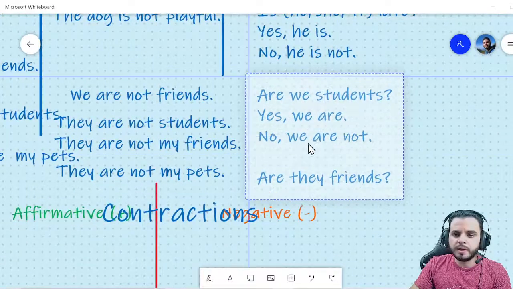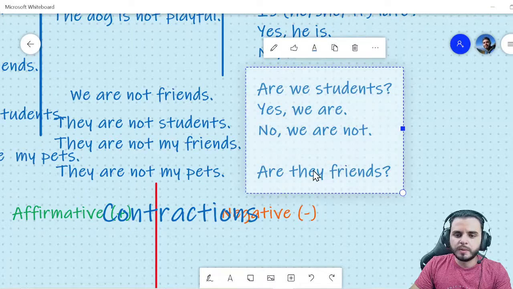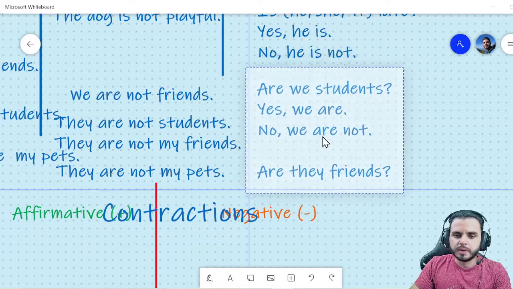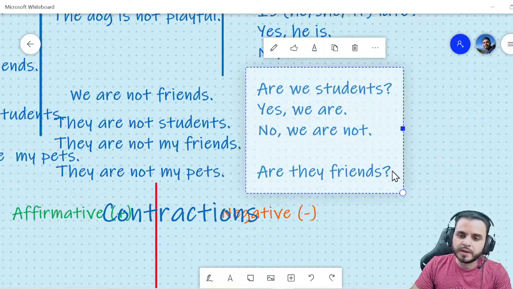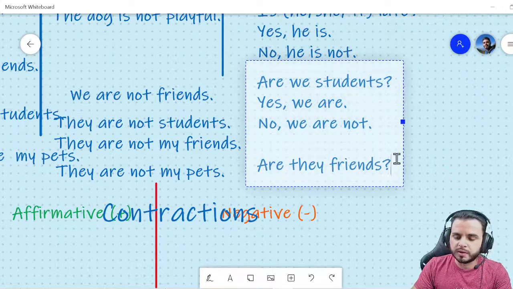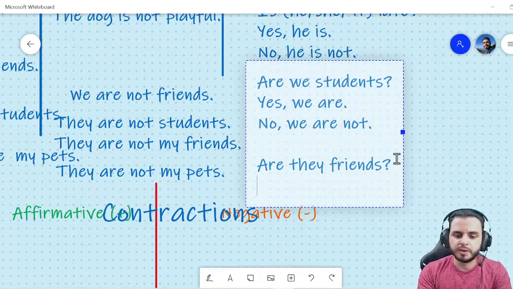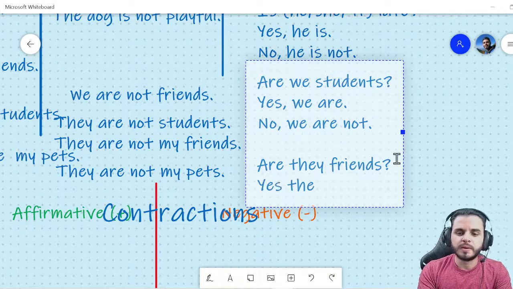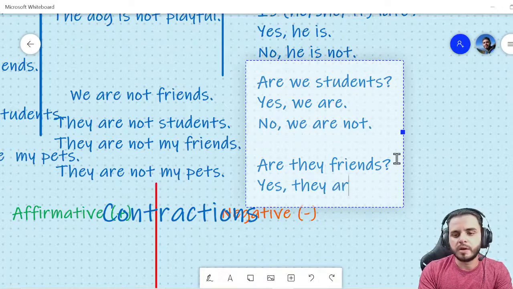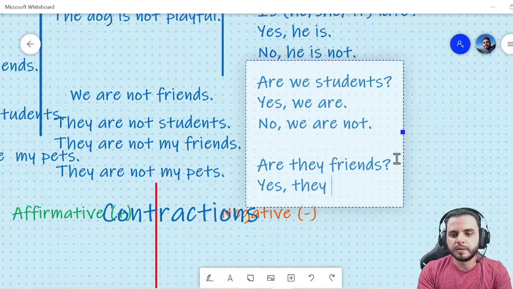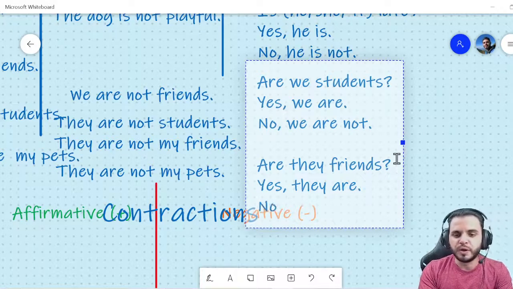Okay, and the same happens with they. So are they friends? We can say no, or we can say yes. If we say yes, we are going to formulate the answer like this. Yes, they are. No, they are not.